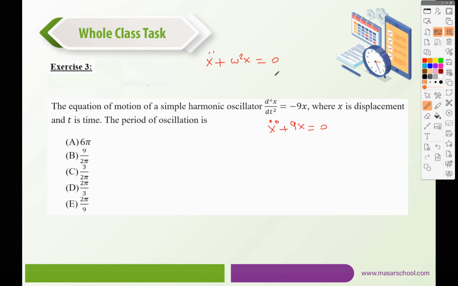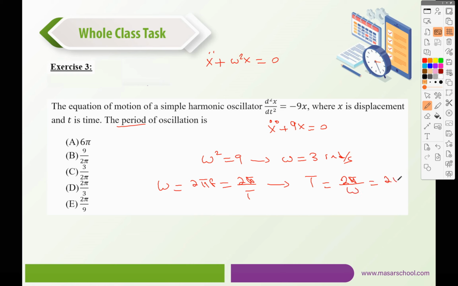Now comparing both equations, omega square is equal to 9, which means that omega is equal to 3 radians per second, but we're interested in the period. We know that omega equals 2 pi f, which is 2 pi over the period. This means that the period is 2 pi divided by omega, which is 2 pi divided by 3, making D the correct answer.